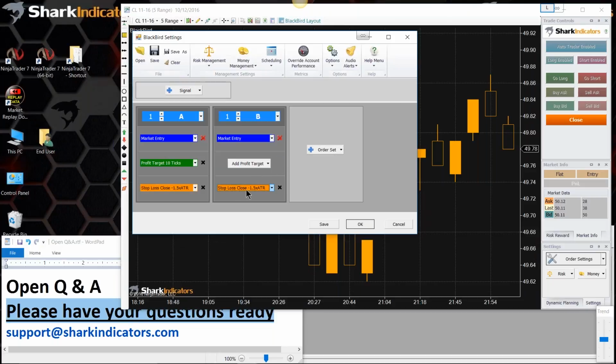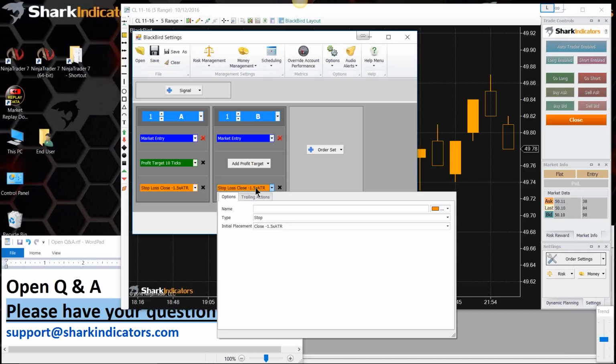So there we go, we've got 2 trailing stop losses. For a runner, the only way to take it out is for our stop loss to get hit. But another option would be to use a BloodHound exit signal as well.